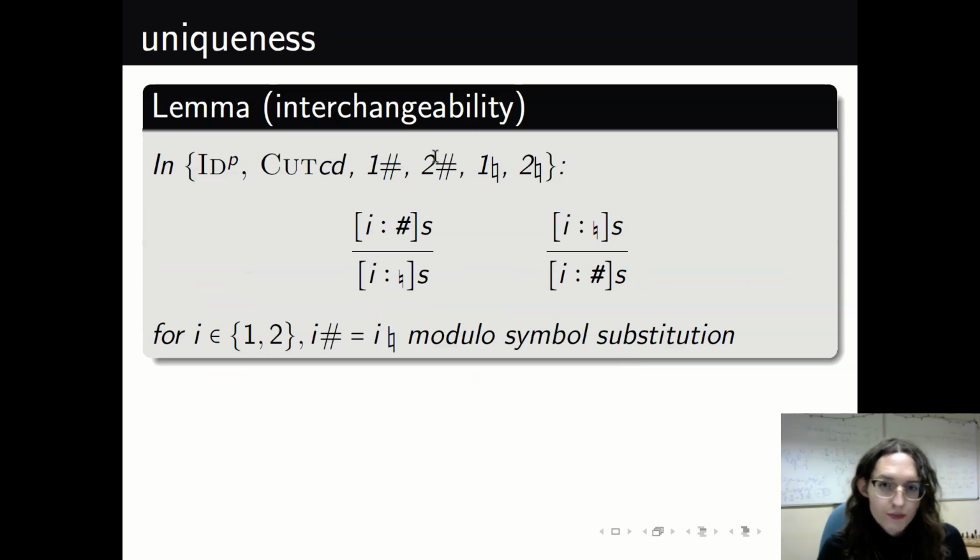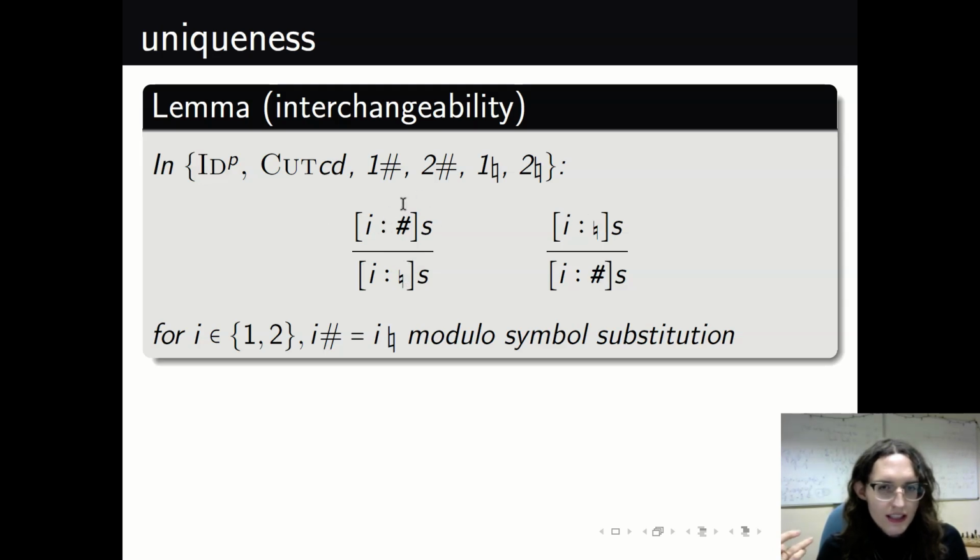So we show that if we have another connective natural, which is defined by the same operational rules, modulo just substituting the symbol natural for hash, we can show for any sequent containing hash, that's why we use the fancy hash here, it symbolizes a formula containing the hash symbol, that we can substitute it with a natural formula, here the fancy natural, and vice versa, right?